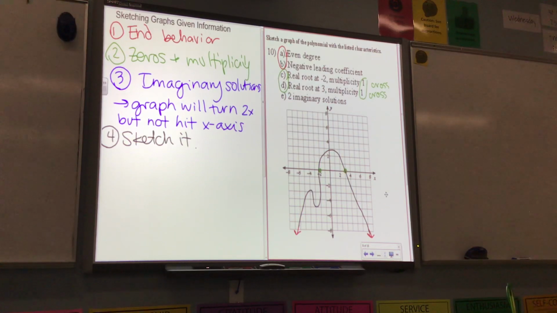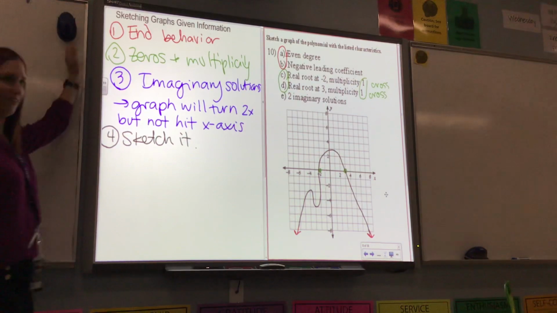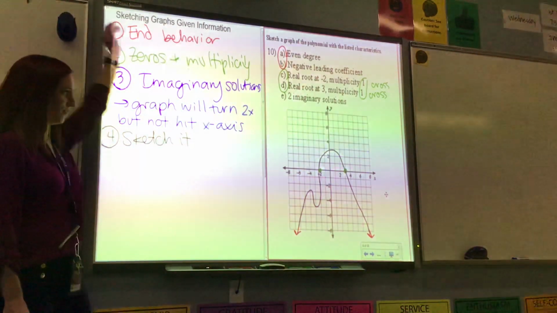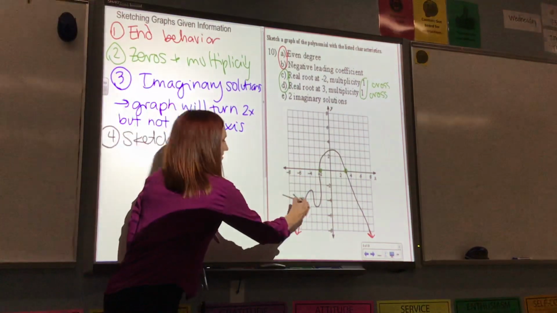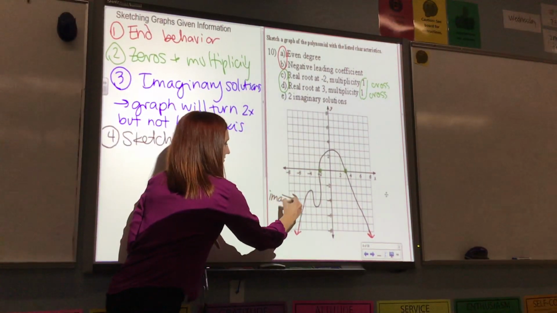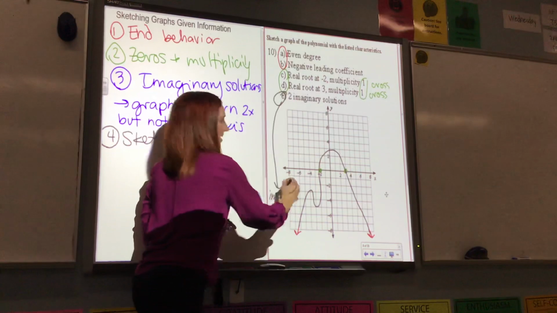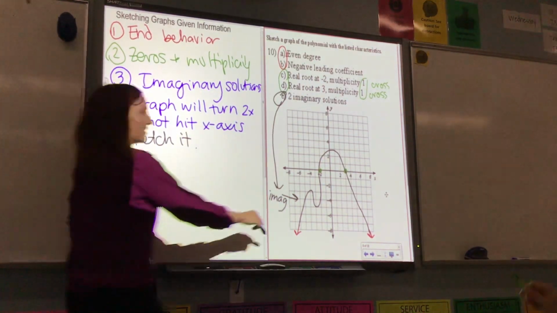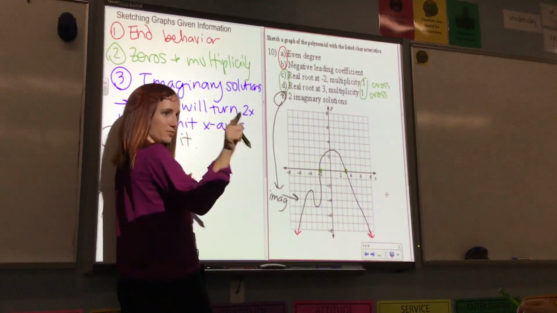Which part? The thing that's squirrely? So this is my imaginary solution. Because this function has to turn somewhere, it connects like that, but it does turn twice and it doesn't hit the x-axis. That's what's important.